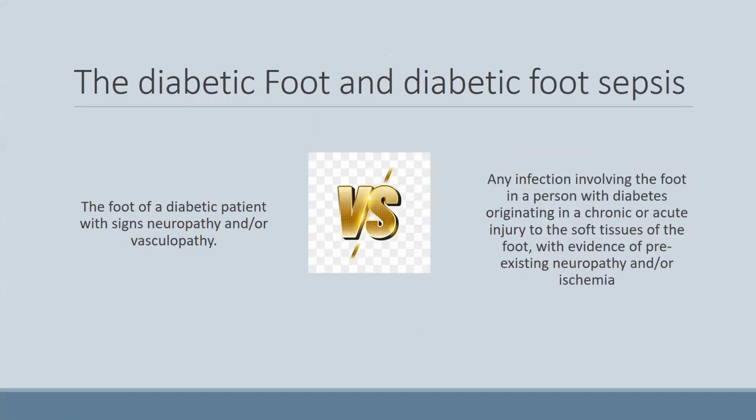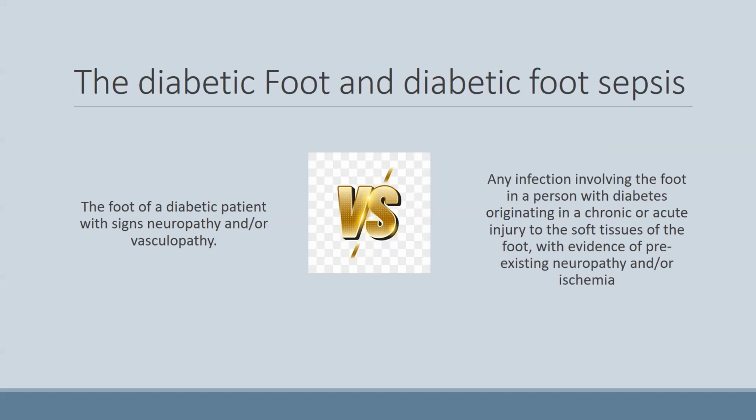So I put this slide here. Many of us use the terms diabetic foot and diabetic foot sepsis interchangeably, but are these things the same? To many people, it's the same thing. However, you must be aware that the diabetic foot is simply the foot of a diabetic patient that has signs of long-term complications, such as vascular complications or neuropathy.